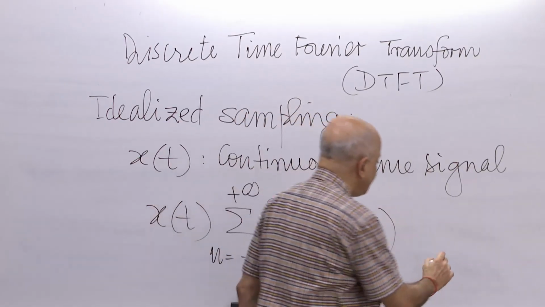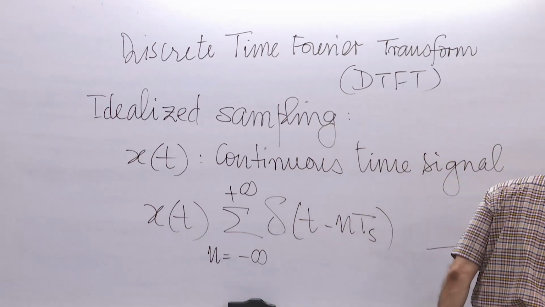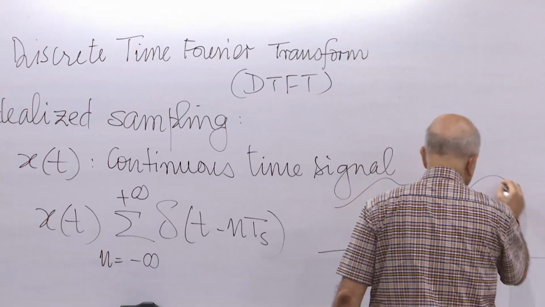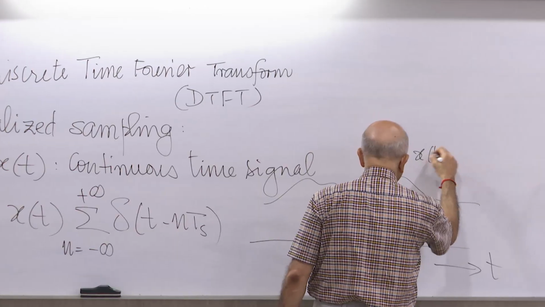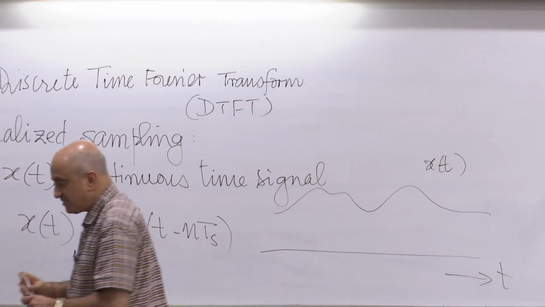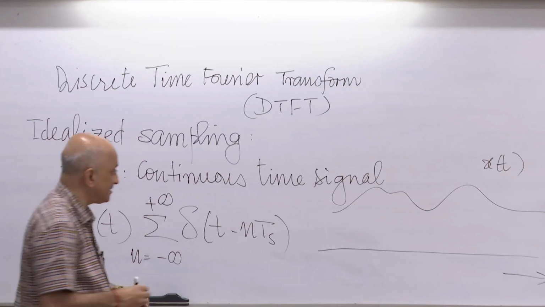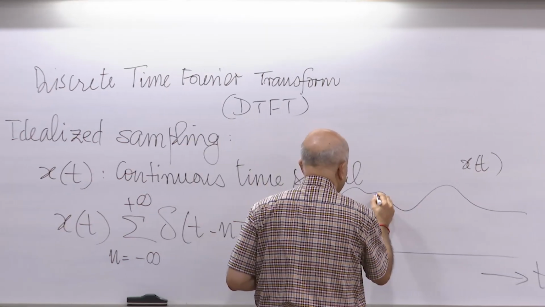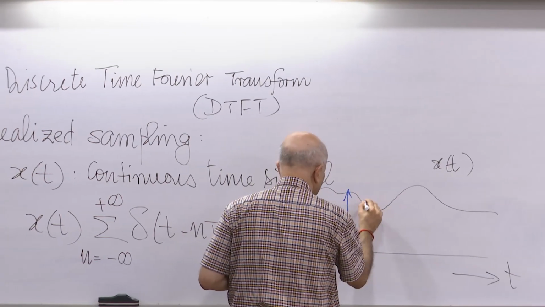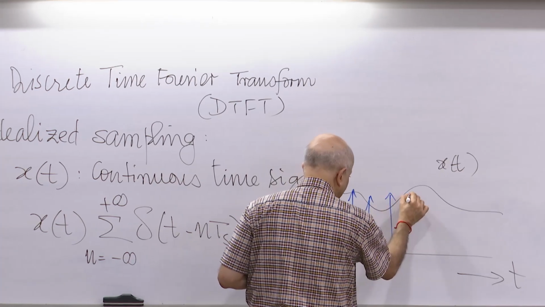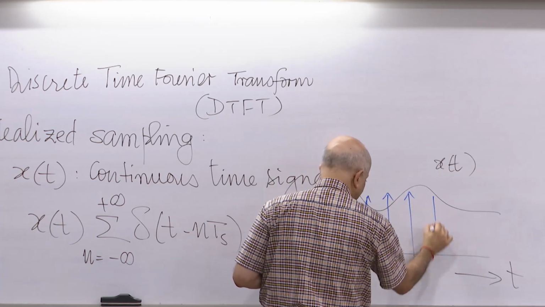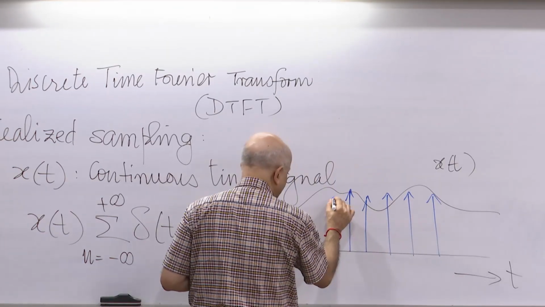Let us sketch. So you have this signal x of t, and you have this uniform train of impulses, spaced by Ts between them.